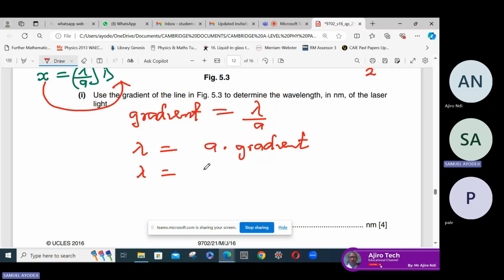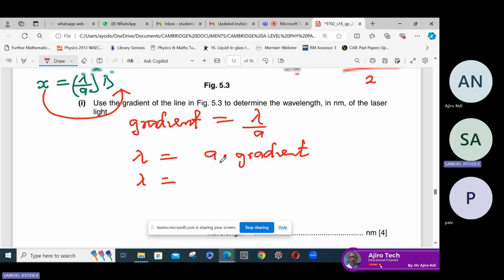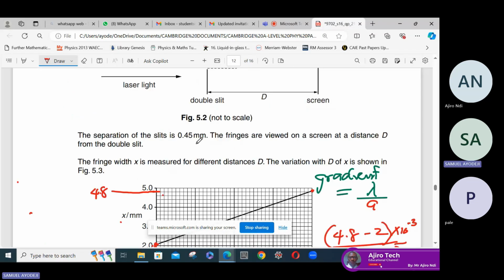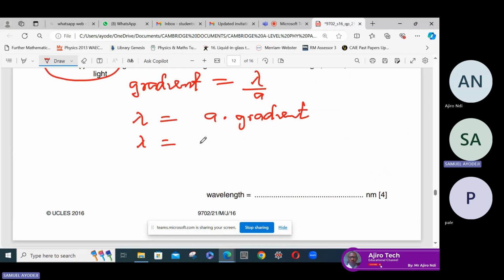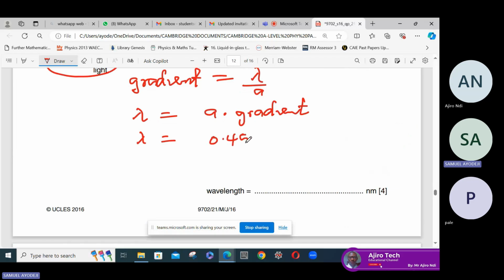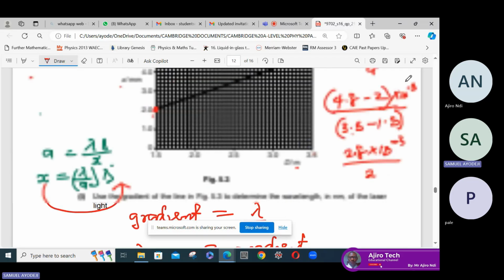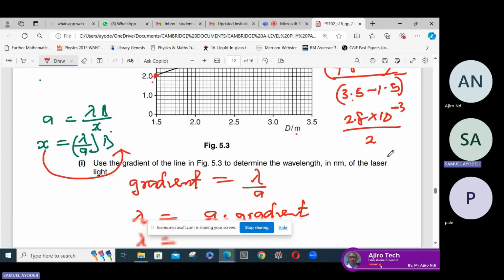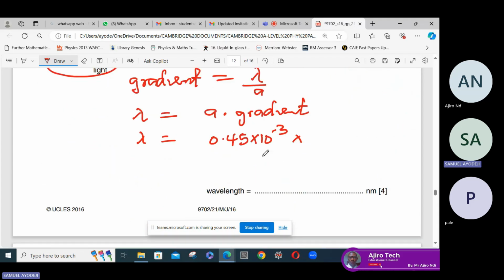So A is given as 0.45 millimeter. A is 0.45 times 10 to the power negative 3, that's in meter. This one we got 1.4 times 10 to the power negative 3. I do the mathematics. It's 6.3 times 10 to the power negative 7.